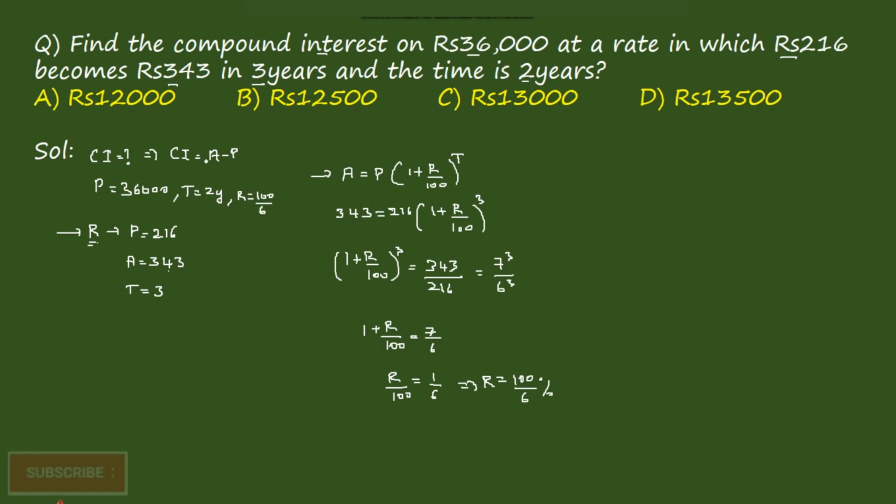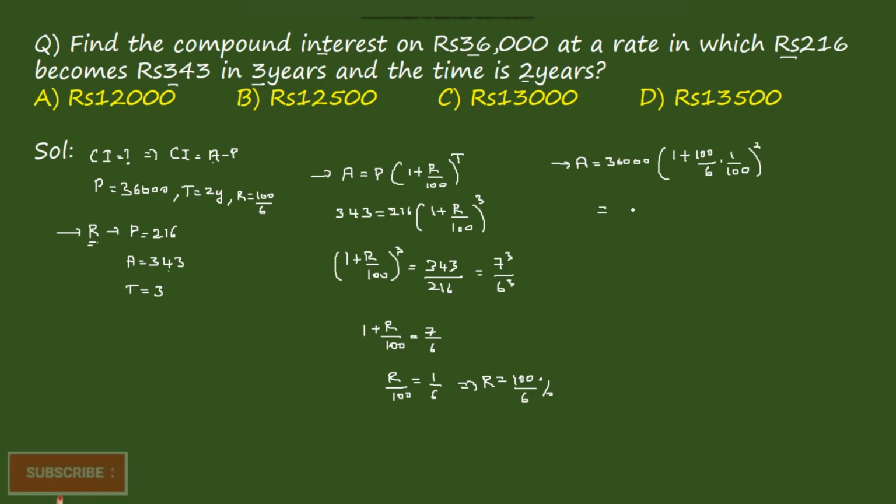Now we have to find the amount with these particular values. So here the amount is equal to the principal, given as 36,000, into (1 + (100/6) into 1/100) whole power 2, time given as 2, right?